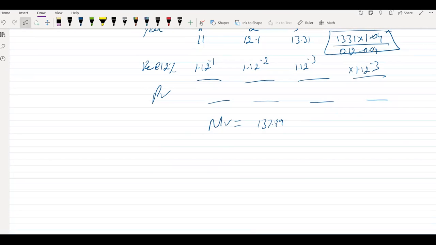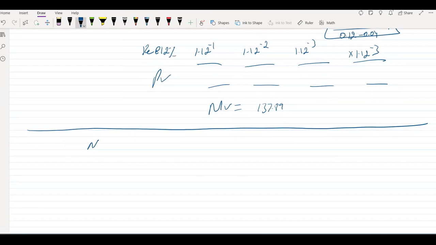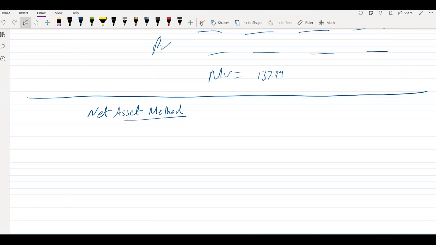Next method is net asset method. You will calculate net asset is equal to total assets minus total liabilities minus preference share value, if any.